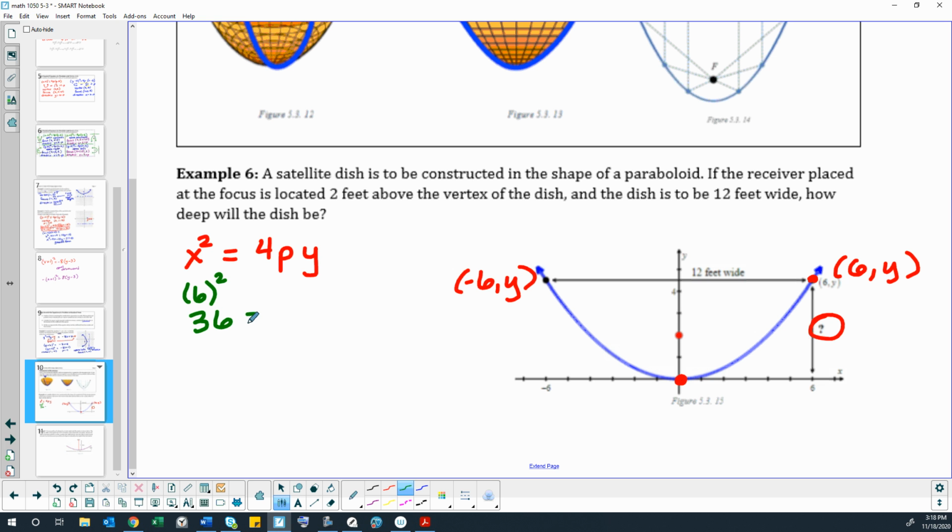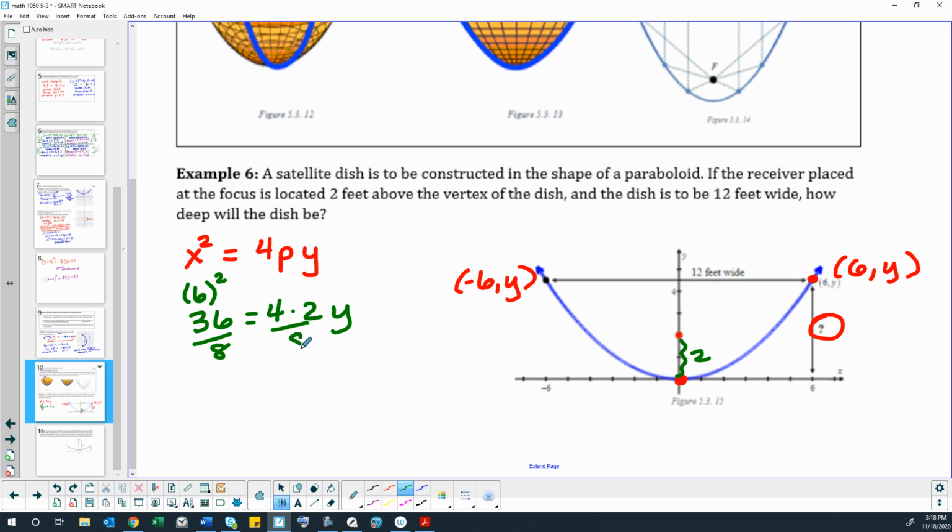So we have 36 equals 4p times y. Now, I just realized we actually do know what p is, and we should plug that in too. So p is this distance right here, which is 2 feet. So 4 times 2, and then y is the number we don't know. So we have 36 equals 8y.